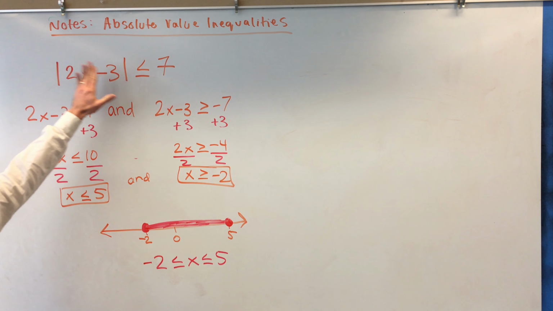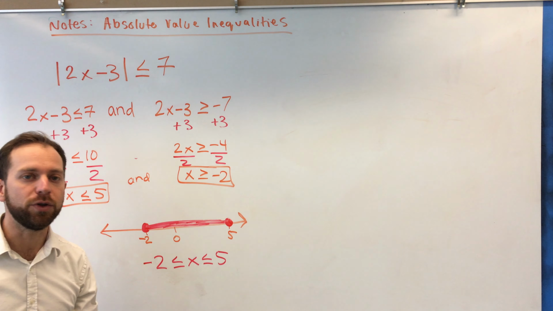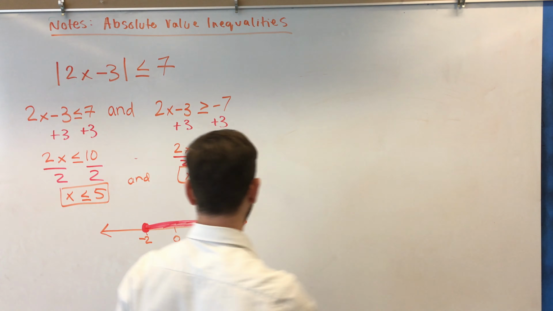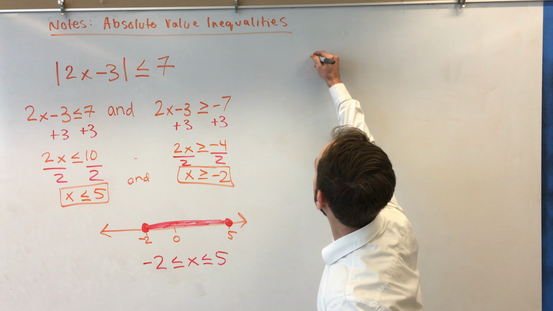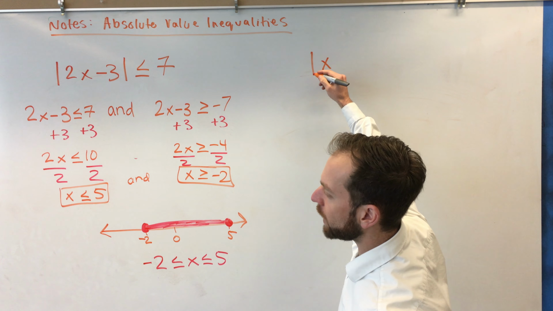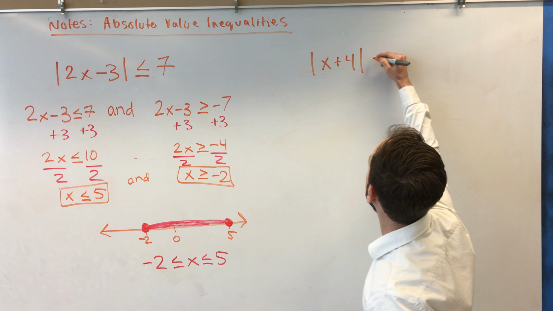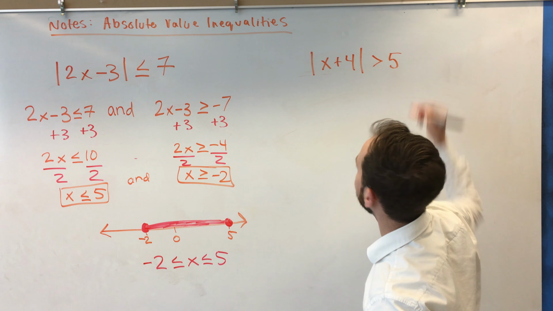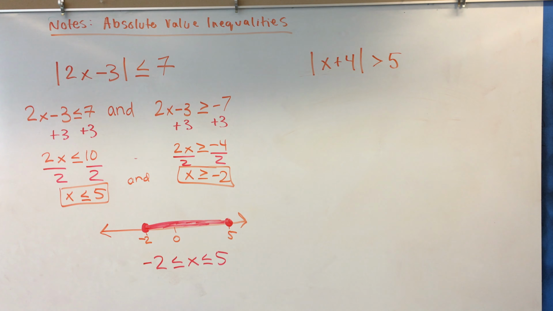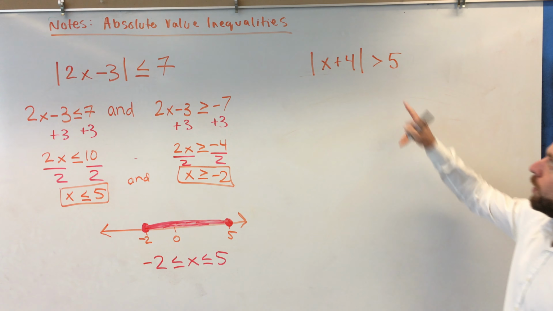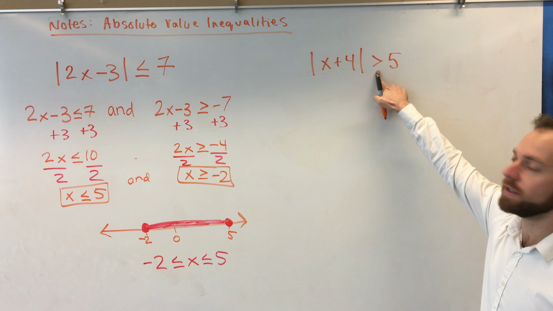So that's when you have a less than sign. Let's look at what happens when you have a greater than sign. The absolute value of x plus 4 is greater than 5. This is an or problem because of the greater than sign.